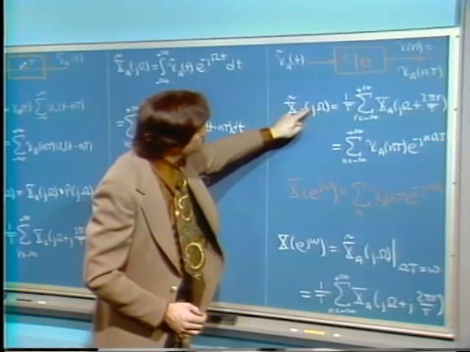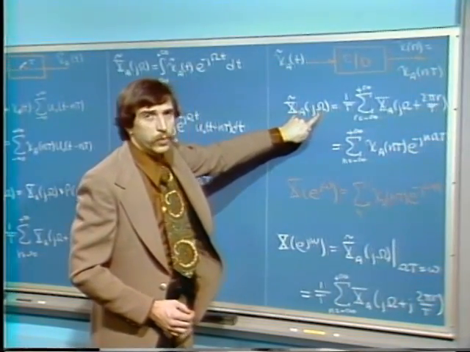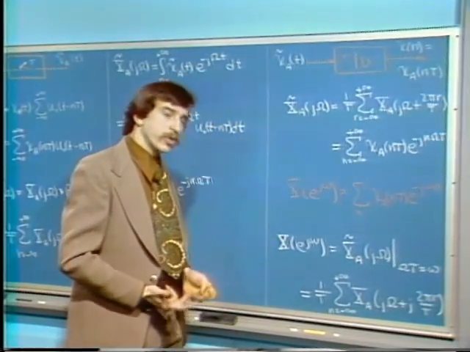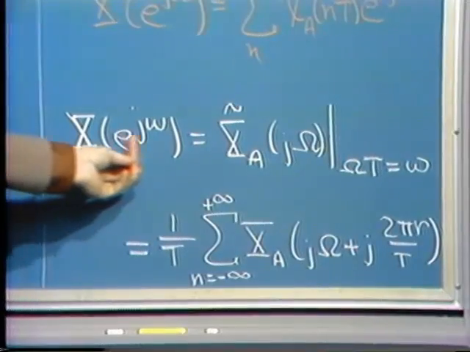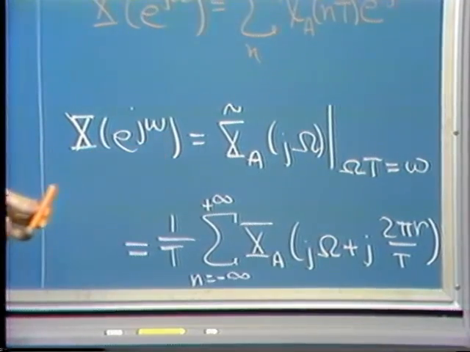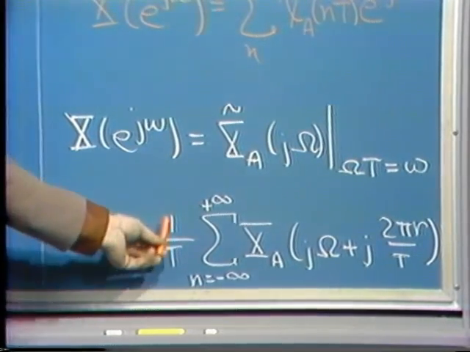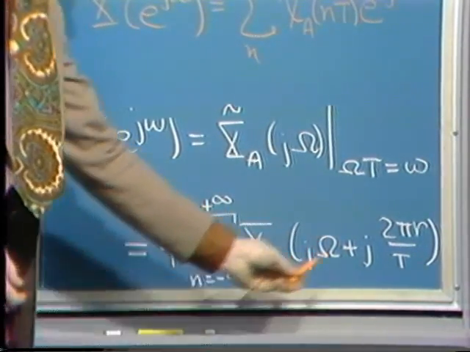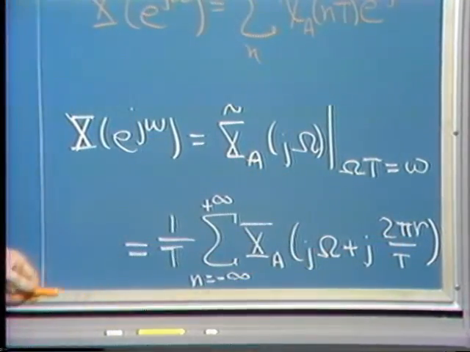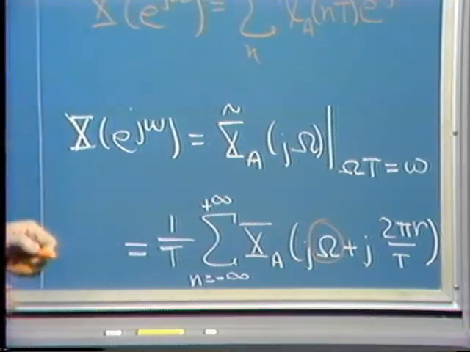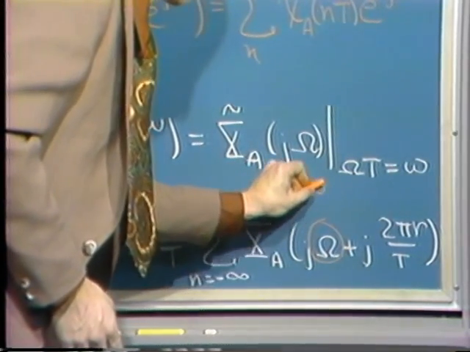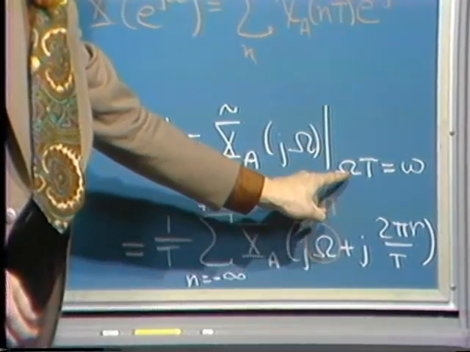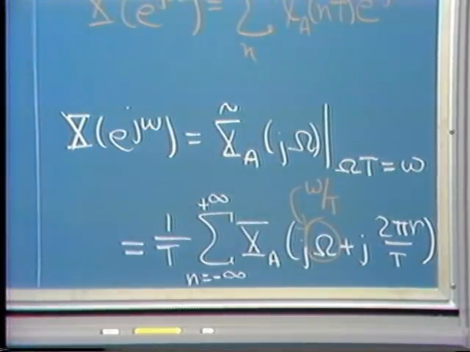And we had another expression for the Fourier transform of the impulse train, which we derived here. Consequently, the final result that we end up with is that the Fourier transform of the discrete time sequence is equal to 1 over T times the sum of x sub a of j omega plus j 2 pi r over capital T, with omega replaced by little omega divided by capital T. In other words, capital omega times capital T is equal to little omega.